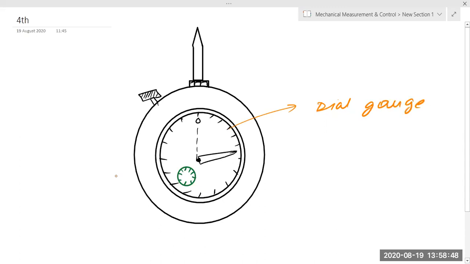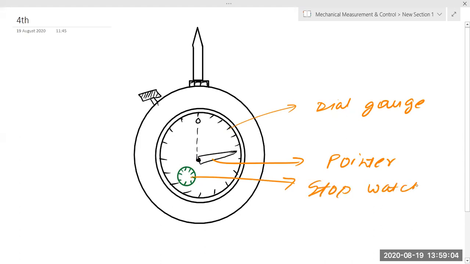You can see this is the pointer, and this is the stopwatch. The stopwatch is used to measure time, and the dial gauge will be measuring the number of revolutions. Again, the stopwatch can be automatic or manual.